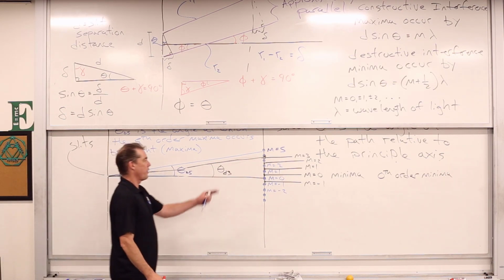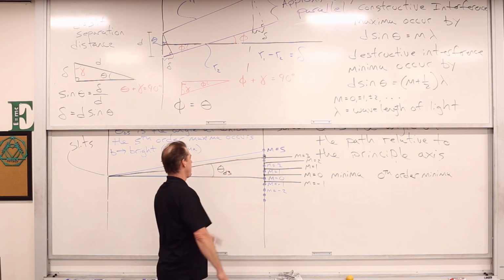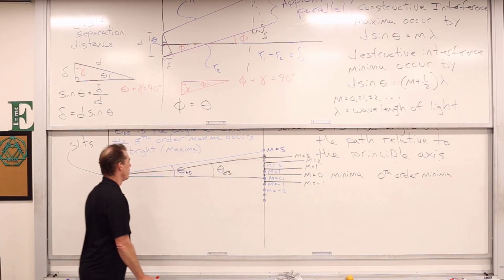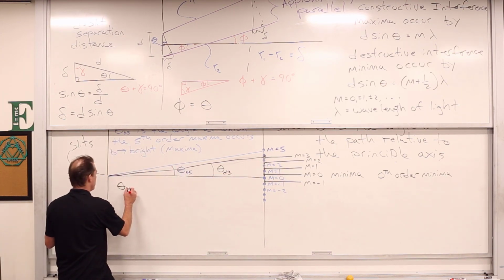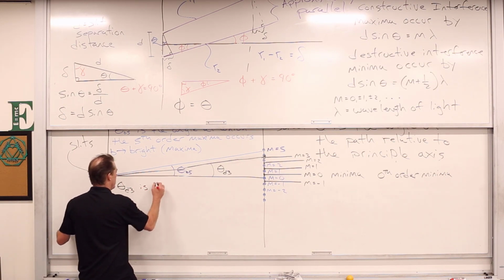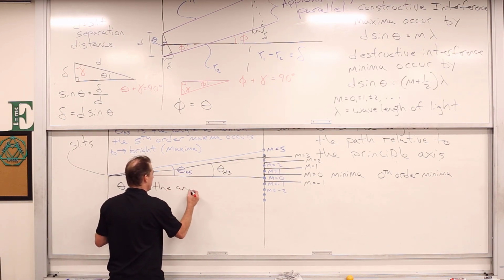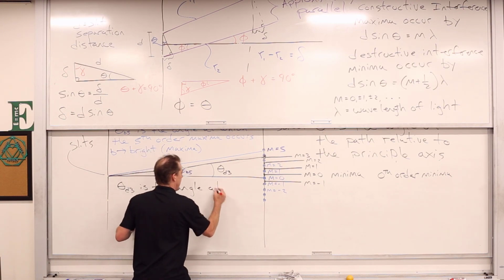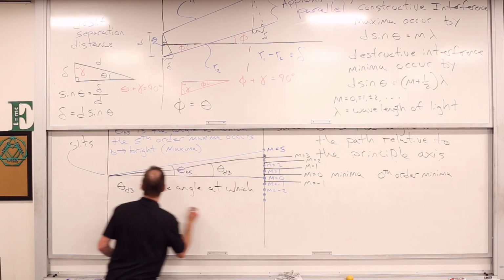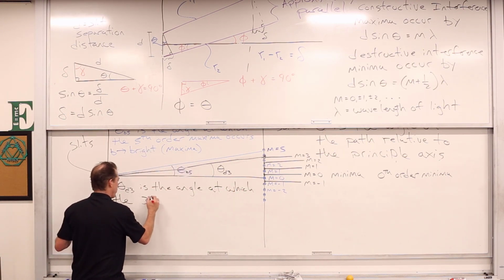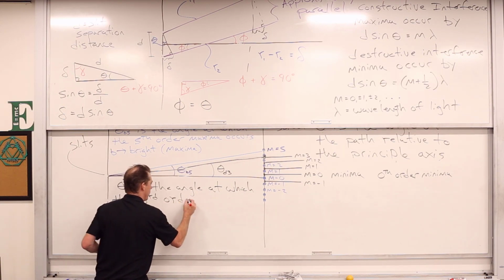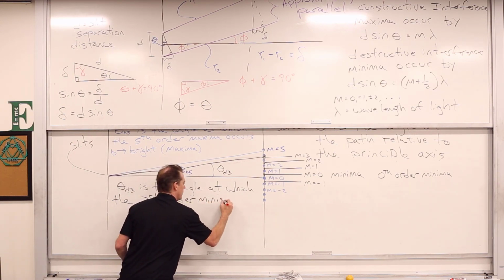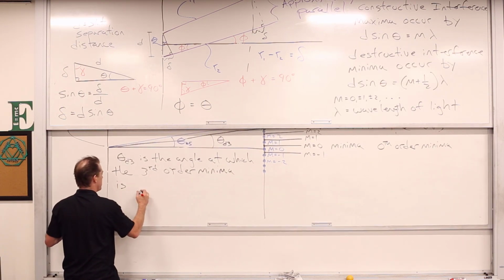D goes with destructive or dark, and 3 means it's the 3rd order. Theta D3 is the angle at which the 3rd order minima is produced.